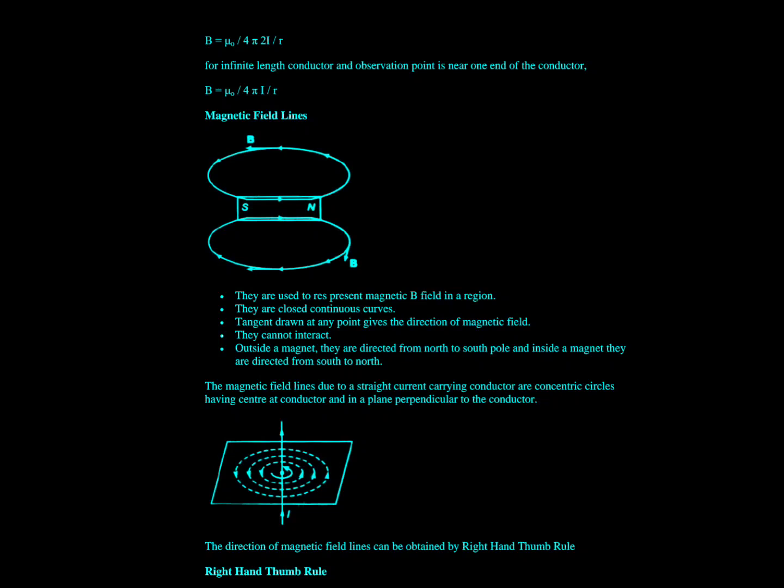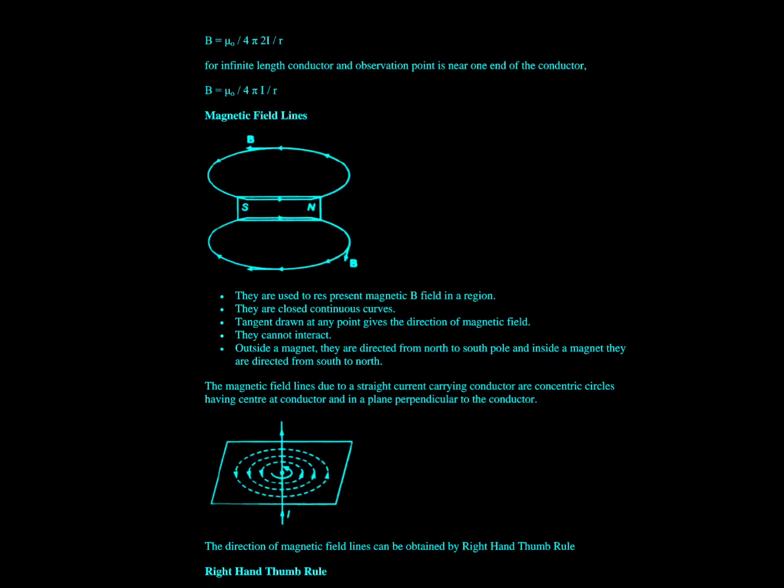We can easily find the direction of the magnetic field in this case also, but for the straight current carrying conductor we apply a different rule, known as the right hand thumb rule.